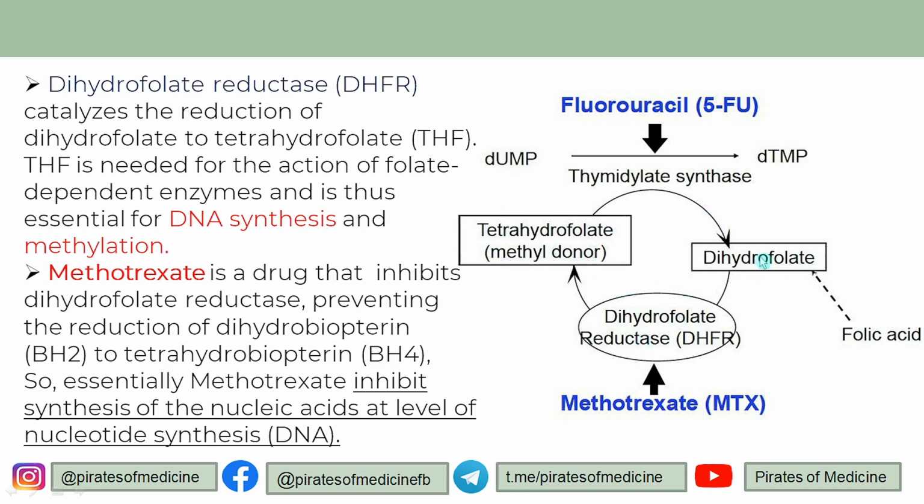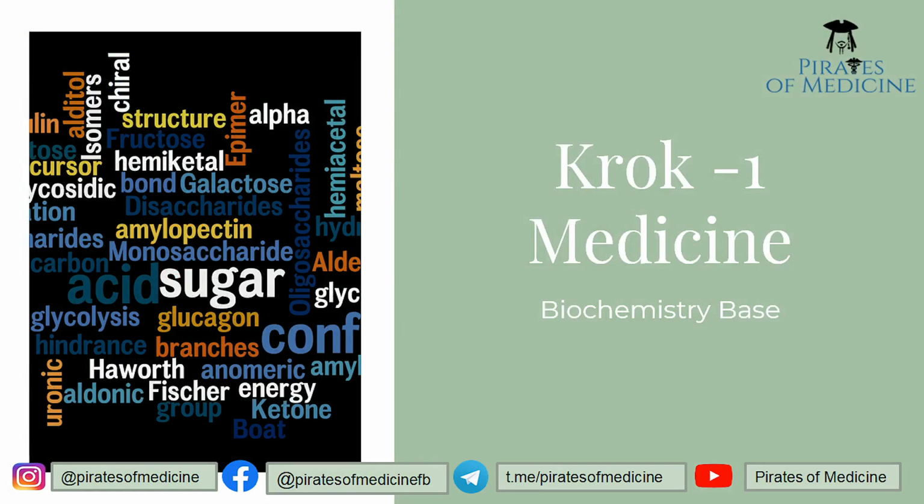So this is the mechanism of action of methotrexate, and this is used to treat cancer cells. How? By inhibiting DNA synthesis in cancer cells, it causes the death of cancer cells. So that is why the answer here is that it changes the gene expression of dihydrofolate reductase, the site of action of methotrexate. So that is all for today, and that is the end for biochemistry base.